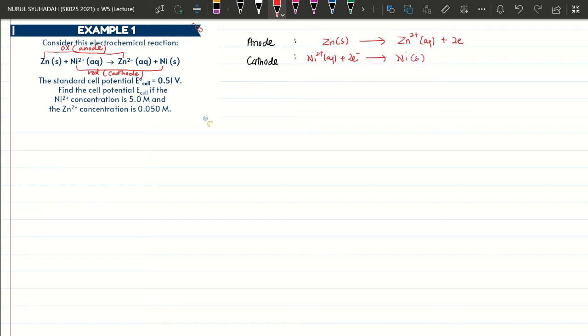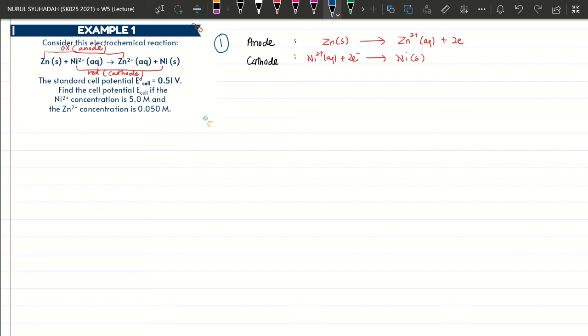So this will be your first step. In the exam, please do not label 1, 2, 3 and 4, it might confuse the examiner. I'm just showing you number 1, 2, 3 and 4 for you to know the flow.